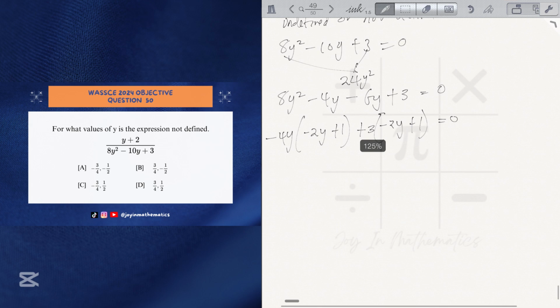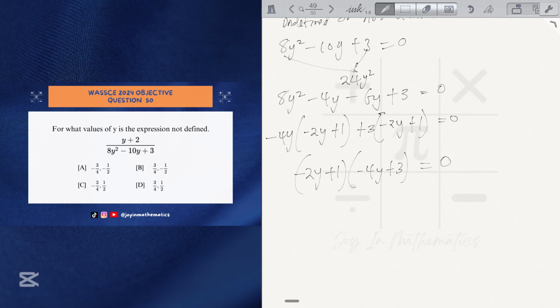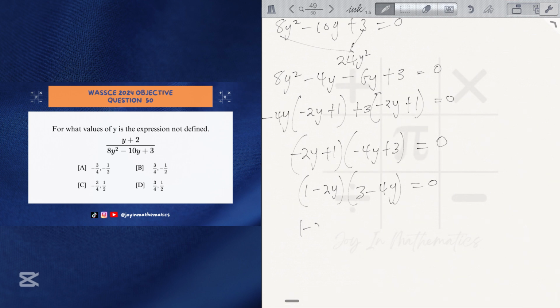So we can bring them together and say 2y minus 1, also 4y minus 3 is equal to 0. We can rearrange this term and say it is 1 minus 2y, and rearrange this term and say it is 3 minus 4y, equal to 0. So in essence, we're saying 1 minus 2y is equal to 0, or 3 minus 4y is equal to 0.